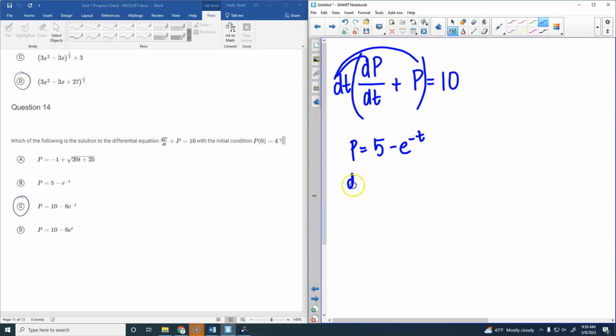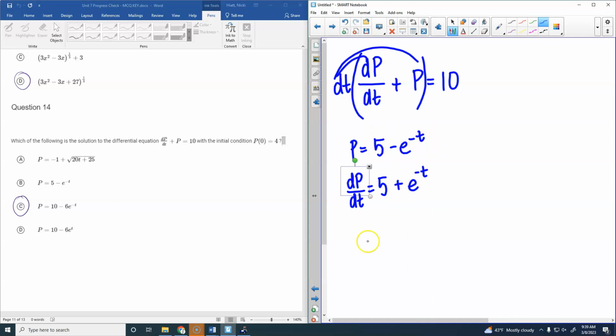So dP/dt would be 5 plus e to the negative t. The derivative of e to the negative t is itself, except you have to do the chain rule and multiply by negative 1, which makes this positive.